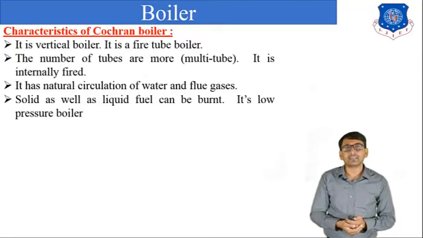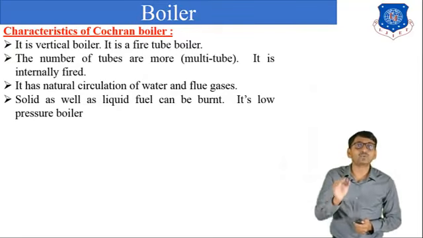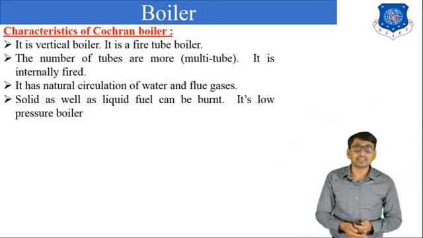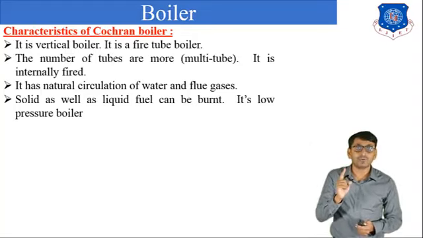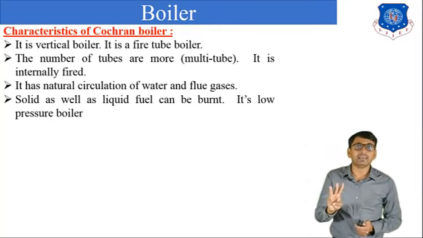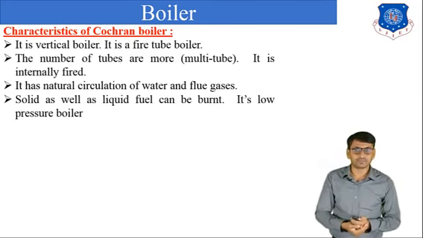It means the working pressure of this boiler is from 3 to 10 bar. So this is the characteristics of Cochran boiler: vertical boiler, fire tube boiler, multi-tube boiler, natural circulation boiler, low pressure boiler.